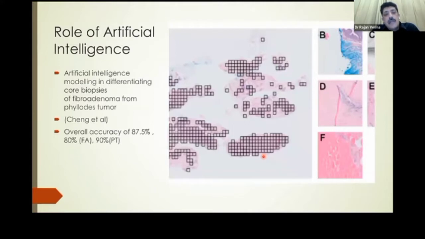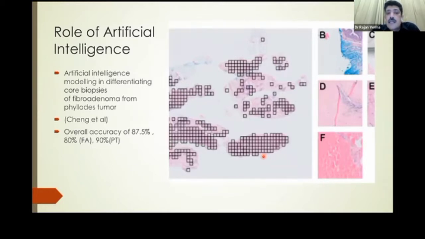Now, since artificial intelligence, machine learning and deep learning have come a long way, and we are getting regular oncology prediction of scores done by artificial intelligence, there is a study which has been done by Cheng et al.